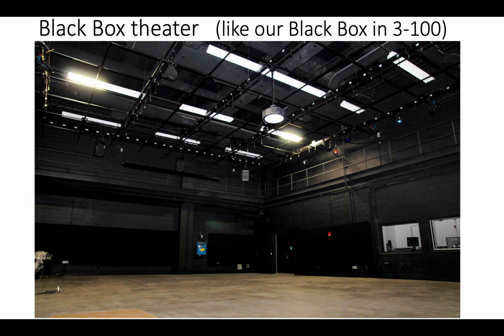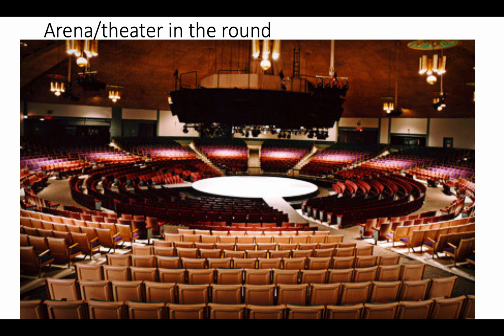Now, we also see arena stages or theater in the round. If you have ever gone to see a performance that is housed in a football stadium, like a concert or something, that's going to be arena staging or theater in the round.